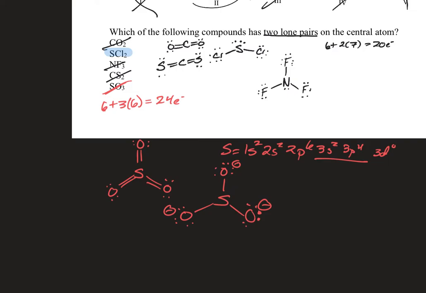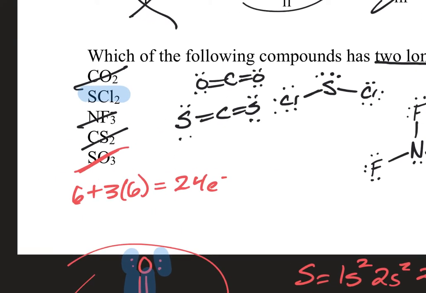Actually, I need to count the electrons, so let's do that. We have 2, 4, 6, 8. Times 3 is 24. And so the sulfur, again, like I said, would have a 3 plus, which is just bad. That's why this one is going to be preferred. So again, just SCl2.